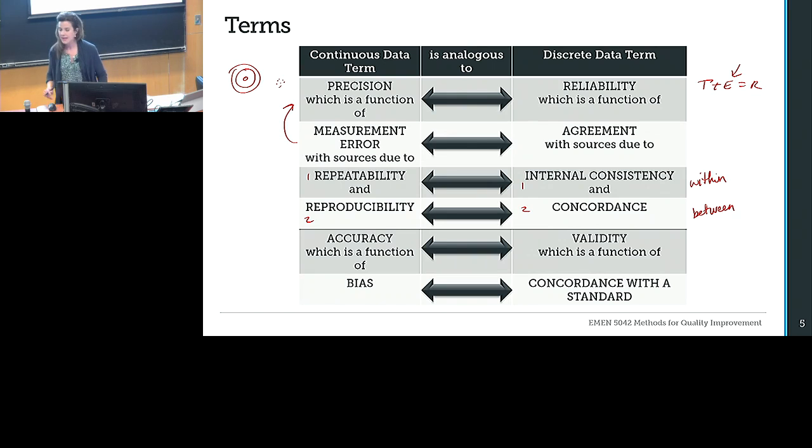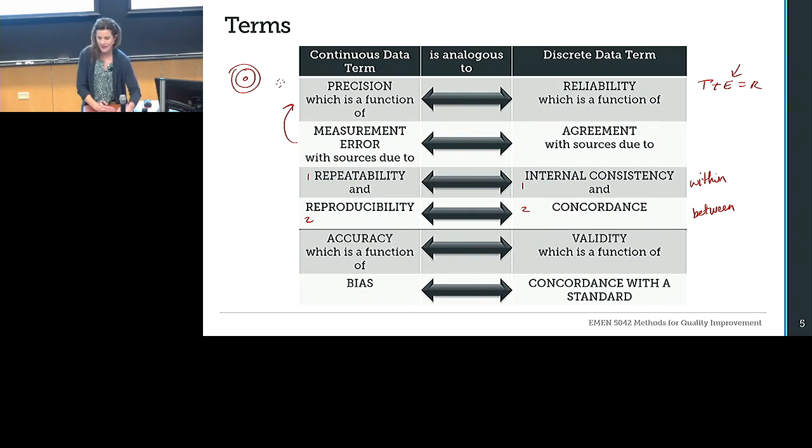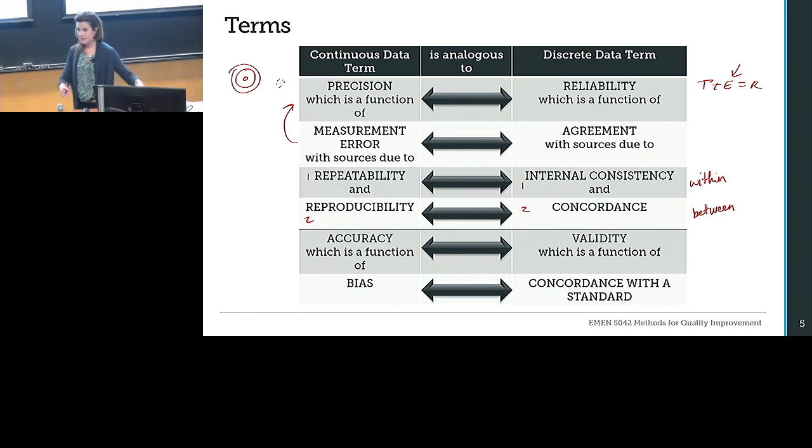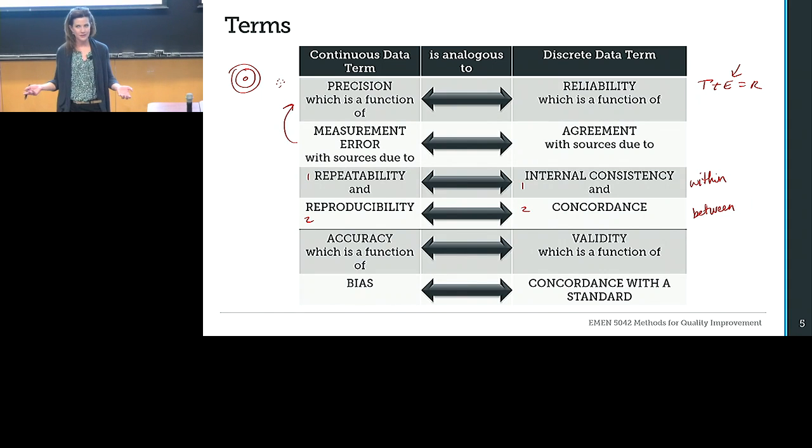If I have 10 items, I want to see if there's agreement between Lavi and Afton. I give them the 10 items. Do they both rank 1 through 5 as good and 6 through 10 as bad, or do they have some disagreement? What is the level of their agreement or concordance? So I can measure concordance not only between gauges or people, if they're the gauge, but also against a standard.